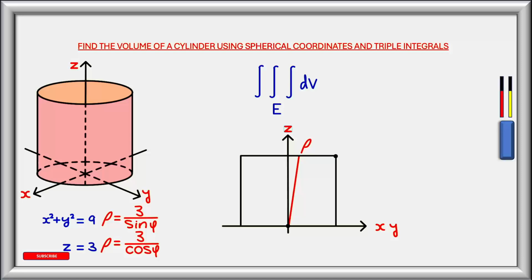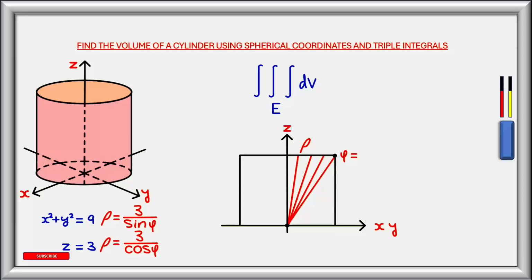So in our example, rho starts at the origin, where it's equal to 0, and its endpoint is first governed by the upper plane, which forms the top part of the structure. And then at some angle of phi, its endpoint is governed by the cylinder, which forms the remaining part of the structure.